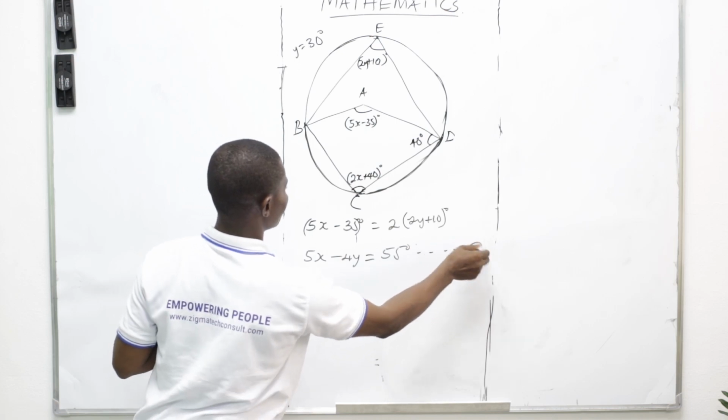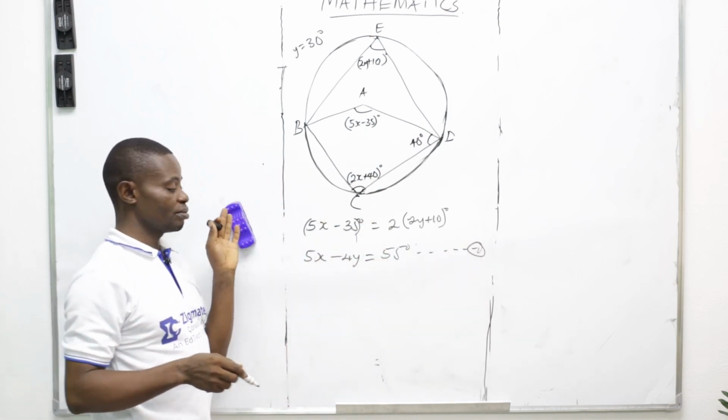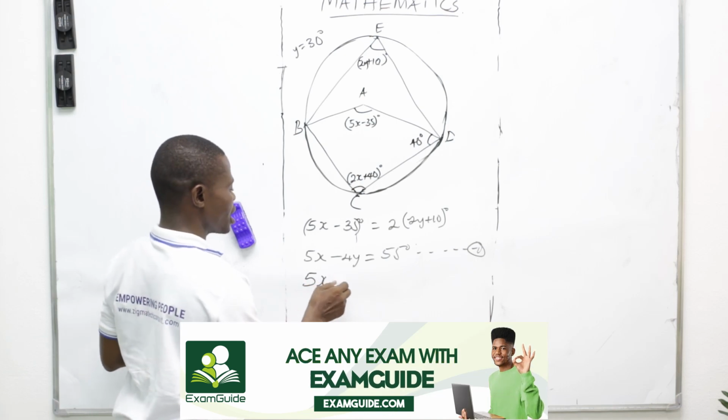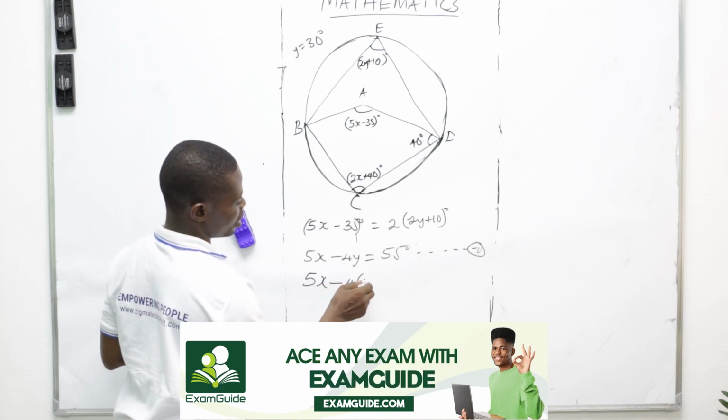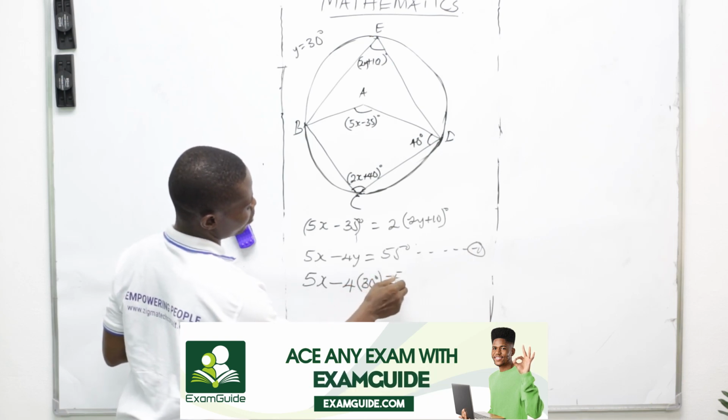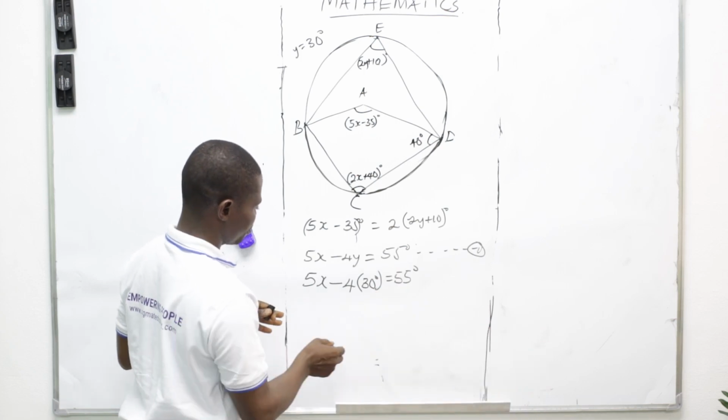Remember, this was our equation 1. So now our interest here is to solve for the value of x. So what is y? 30 degrees, equals 55 degrees, okay?